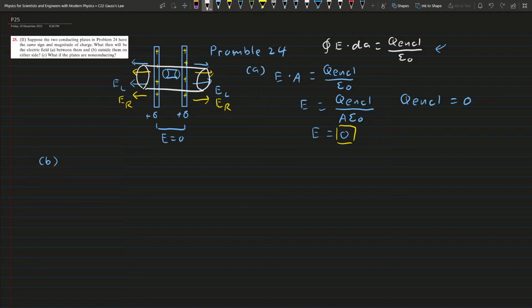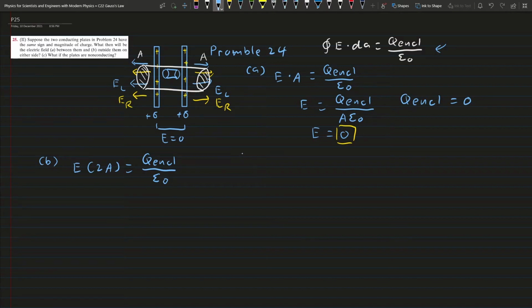This is the case, and you can see we have two areas here which are perpendicular to the electric field line. This is the area which will produce the flux. So in this case, we get E 2A equals Q enclosed over the epsilon naught.